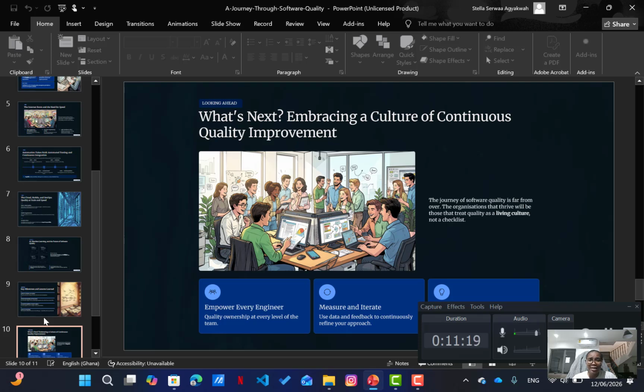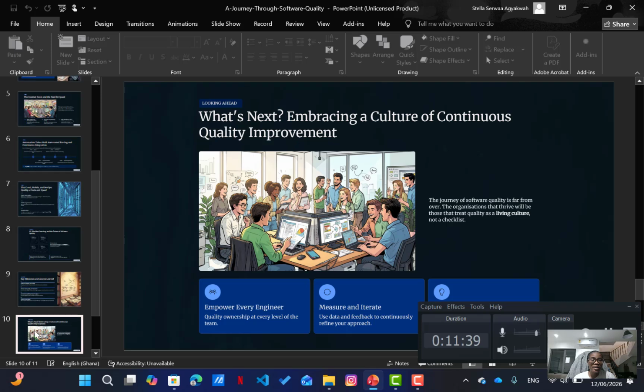Most importantly, software professionals must stay curious and embrace new technologies and methods. Quality is not a destination, it's an ongoing journey. Continuous improvement is essential for long-term software success.